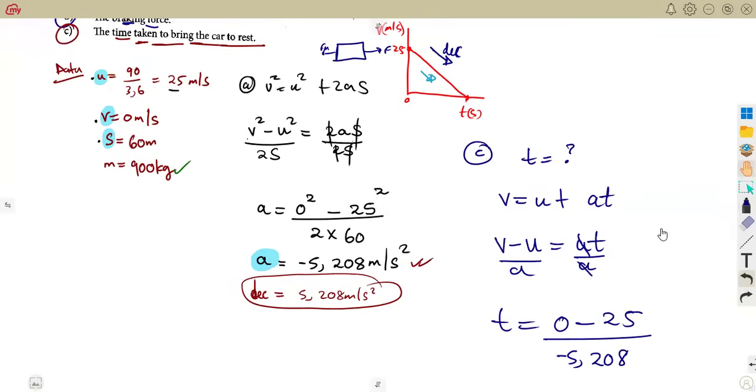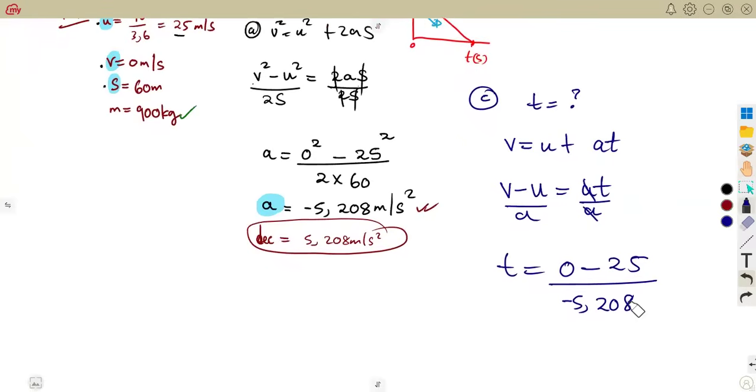But on calculation of the force, you take the magnitude. Force, guys, you take the magnitude there, of that acceleration. That is the case. So that was going to give us the value of the time, guys, which was going to be 4.80000 and so on. So that's 4.8 seconds. Just like that. We have got our time according to this question.